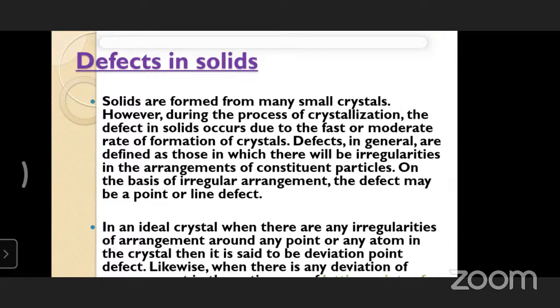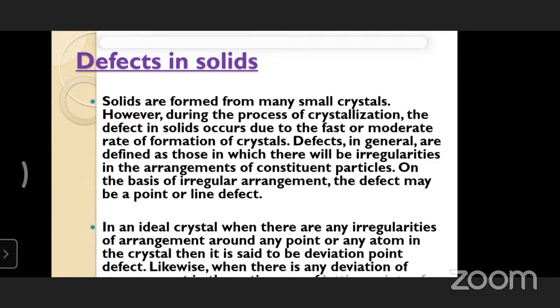Maybe some atom is missing at one place, or instead of one atom, another atom is there. It should not be normal, but in a very different manner. An atom should be in one position but is not there, or an ion should be there but is not. Maybe a vacancy is present, or another ion is present. That type of thing is generally called a defect.